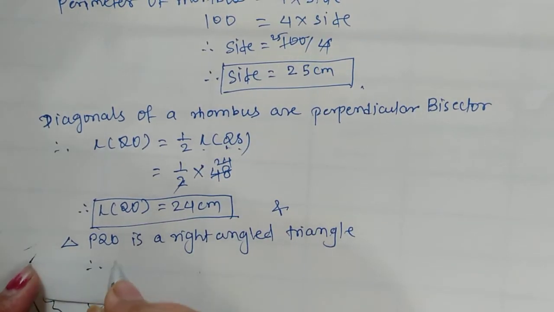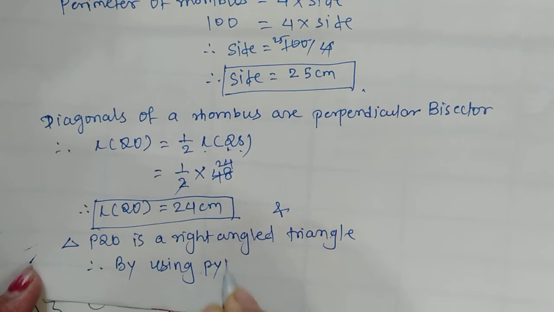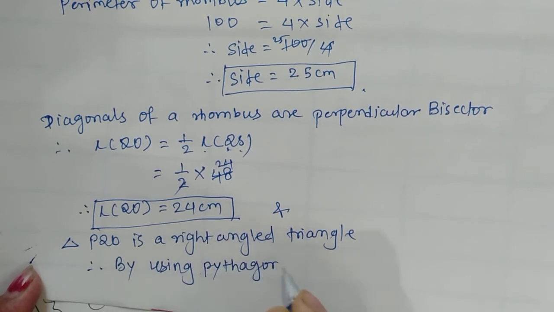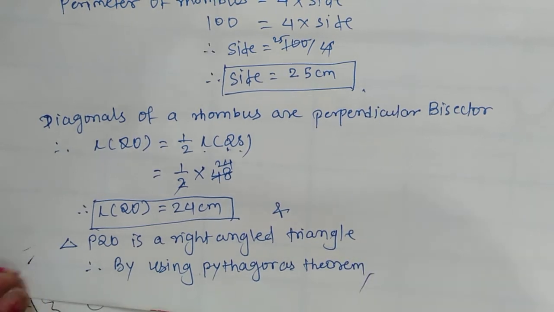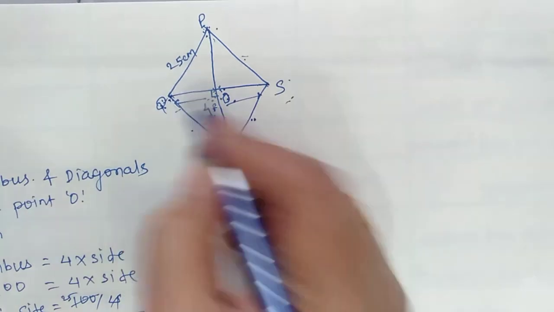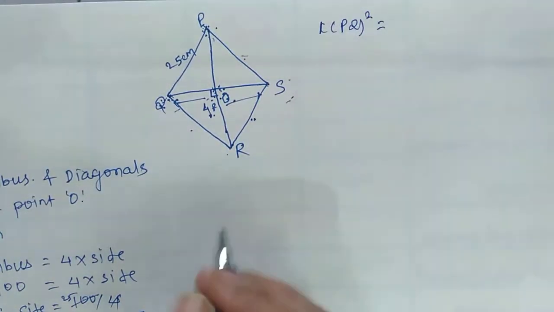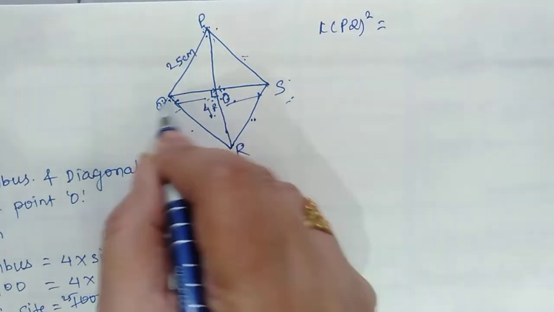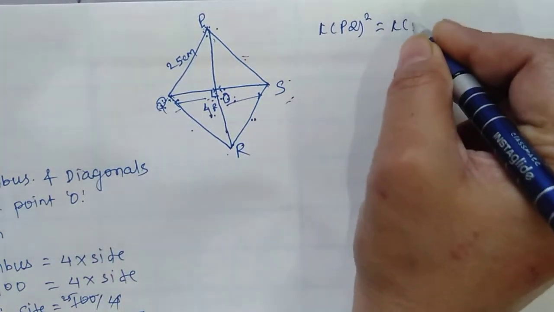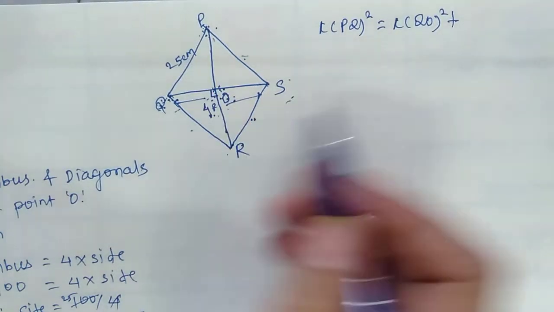Therefore by using Pythagoras theorem, length of PQ square is equal to length of QO square plus length of PO square.